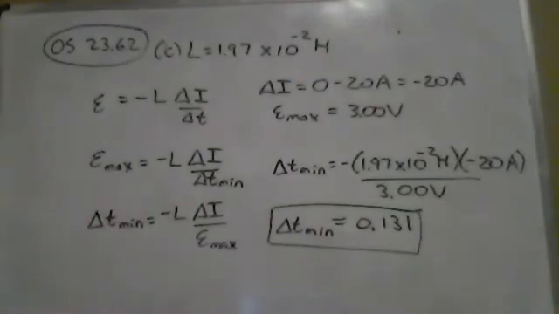But that's fine. The fact of the matter is that is the minimum amount of time duration that I'm allowing this circuit to shut down. Okay, and so that's the minimum time to allow the circuit to shut down.